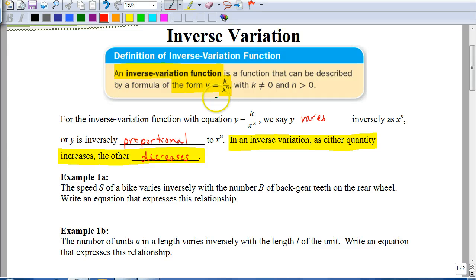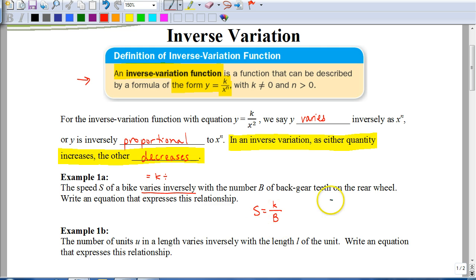Well, as you can see from our equation up here, when we have something that varies inversely, the equation is going to be y equals k divided by x to some exponent. So here I hear the phrase that it says it varies inversely. Anytime you see that phrase, inversely means we're going to have k divided by something. So it's going to be s equals k divided by b.